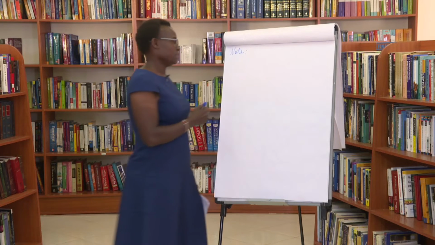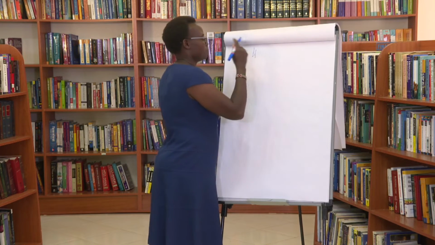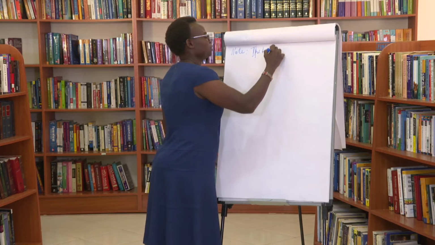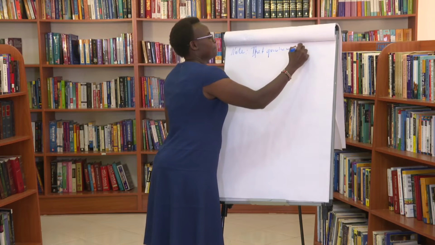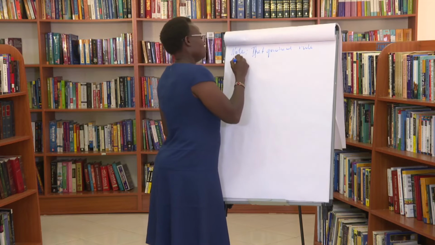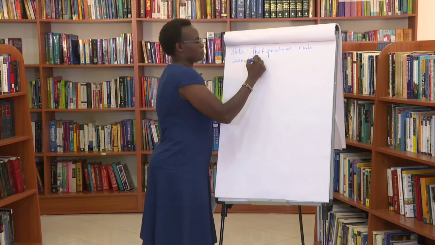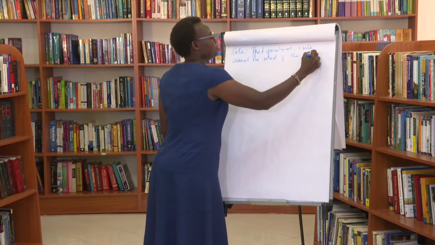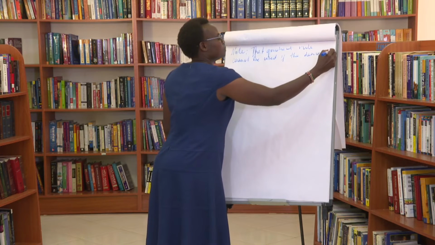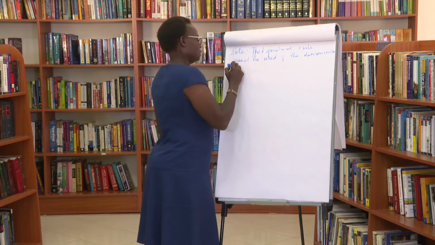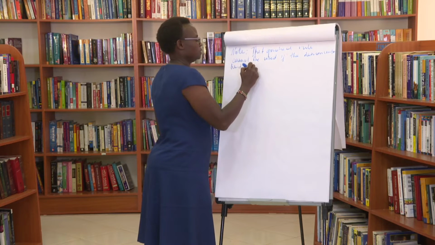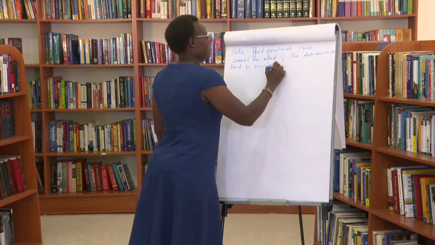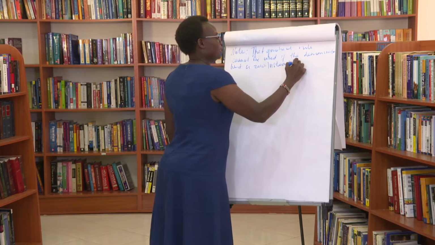So if, okay, the quotient rule cannot be used if the denominator limit is 0.